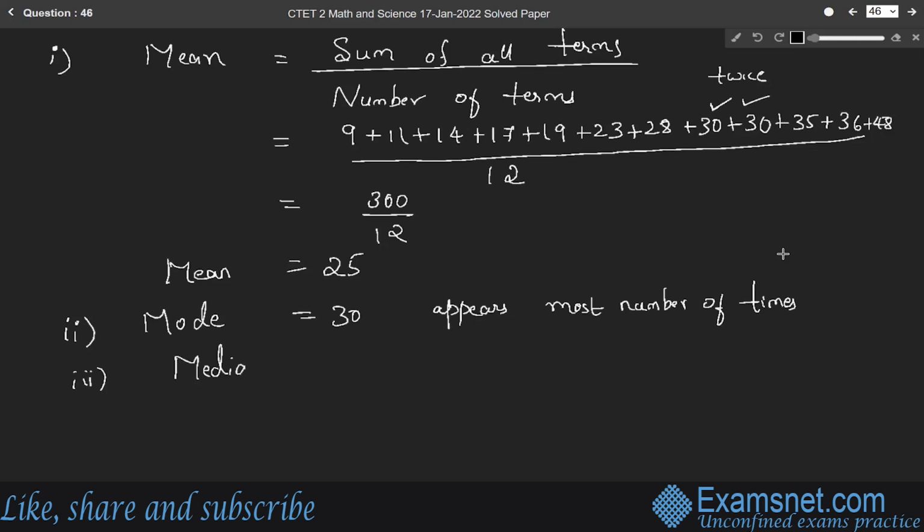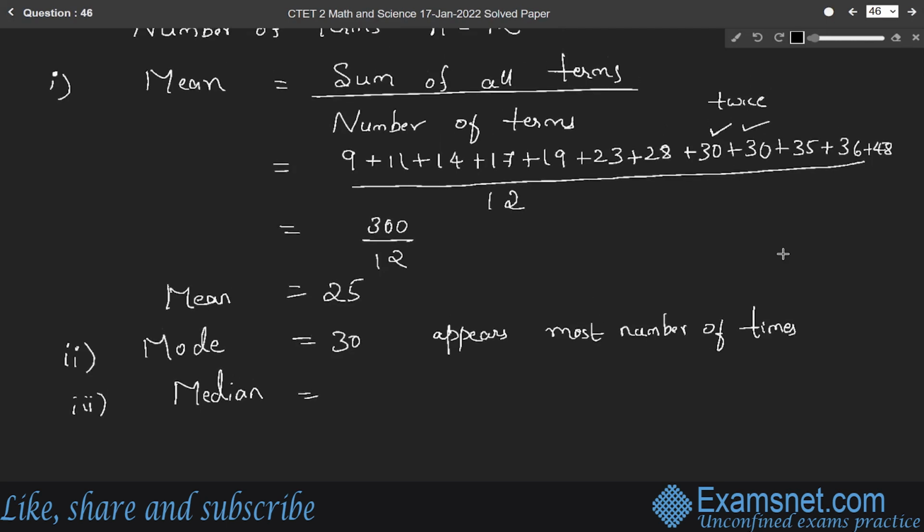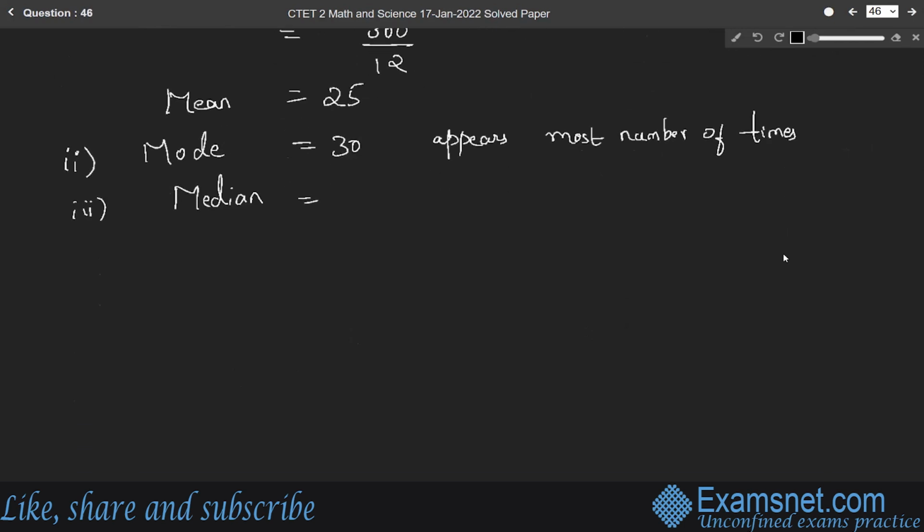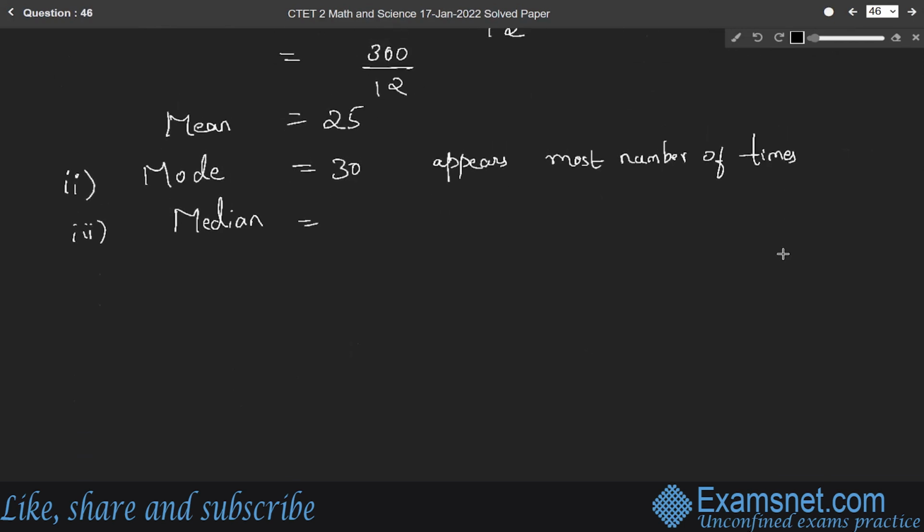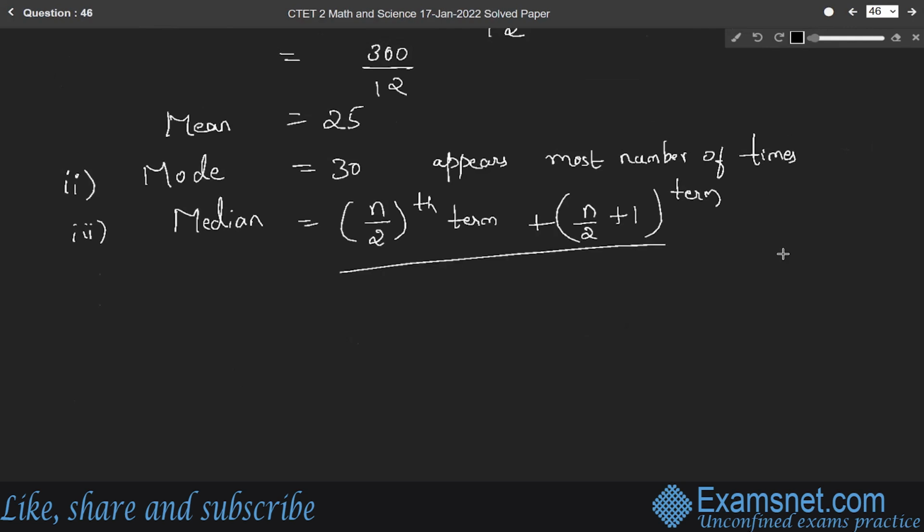Median. So number of terms is equal to 12. For even number of terms, median is equal to n by 2th term plus n by 2 plus 1th term, whole divided by 2.